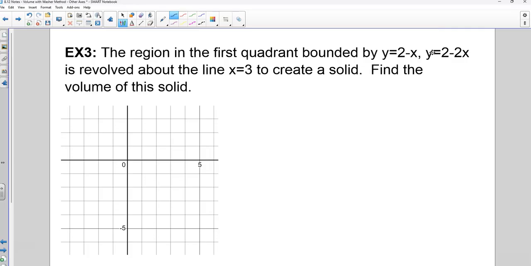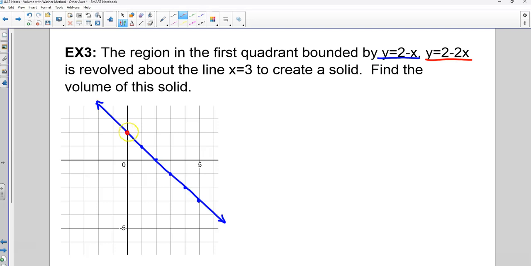So we've got y equals 2 minus x. Y equals 2 minus x, so y-intercept at 2, slope of negative 1. Then I've got y equals 2 minus 2x.